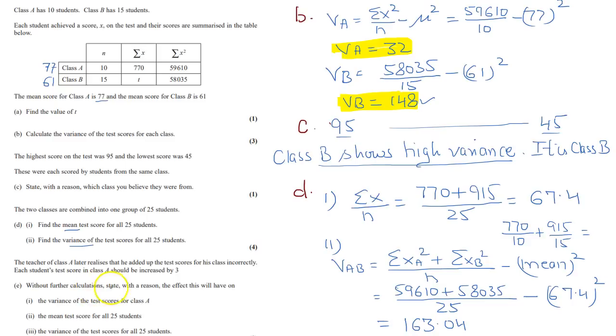Without further calculation, state with a reason the effect this will have on the variance of test A. The variance of test A is 32. If we add 3 to all of these, there will be no change.